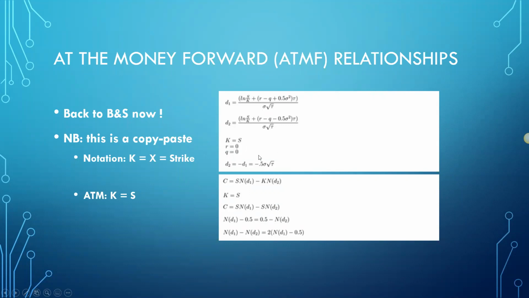So now we're back into Black & Scholes. I was a bit too lazy to rewrite all those equations, so I found those. But in that book, they use K for strike, and other books use X, so it's exactly the same. So basically, and I will come back to those ND.